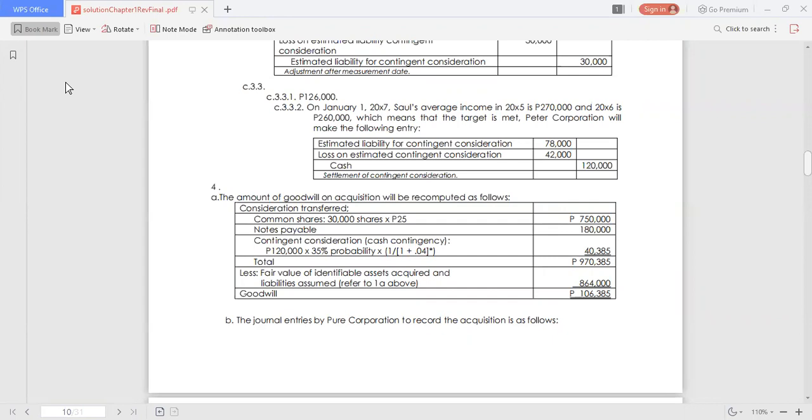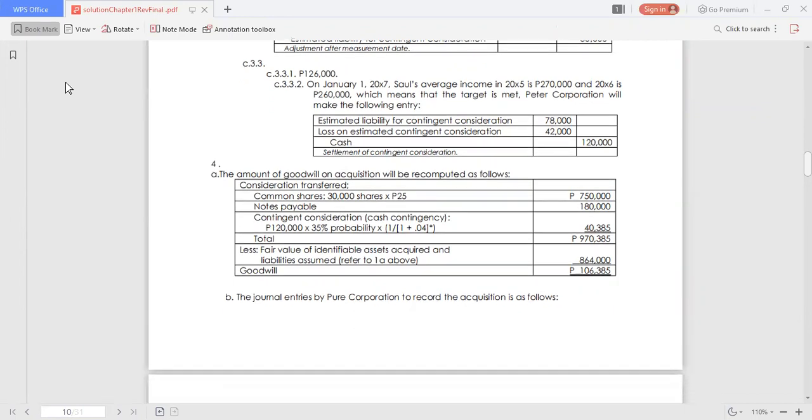So we have 40,385. Fair value of identifiable assets acquired and liabilities referred to in 1A above. So we have now the goodwill of 106,385. That's in requirement letter A.